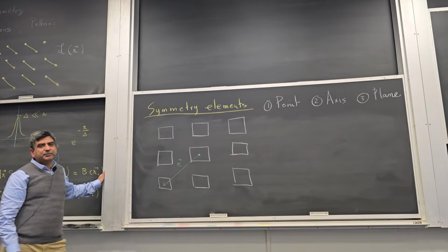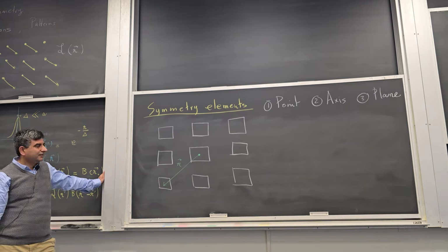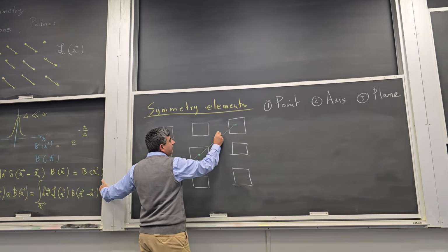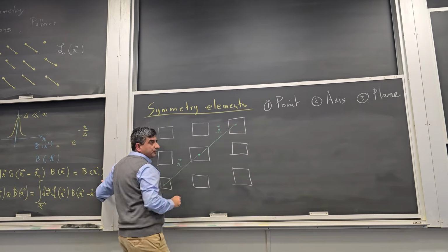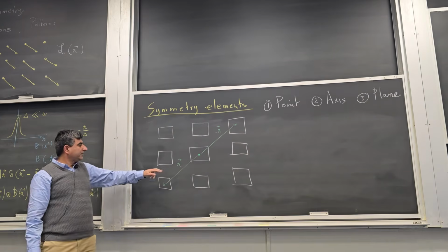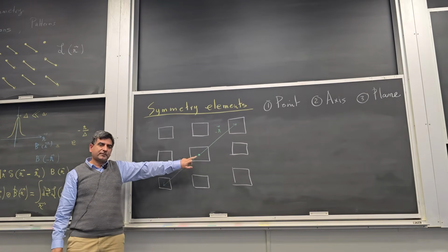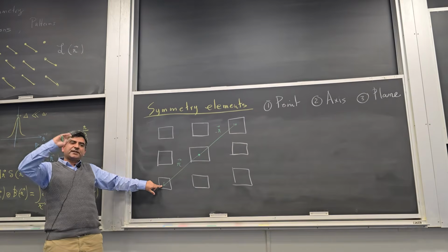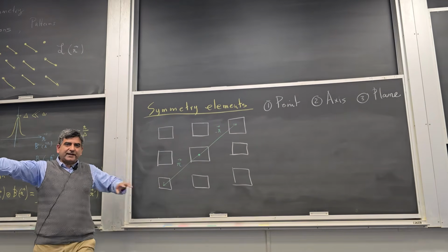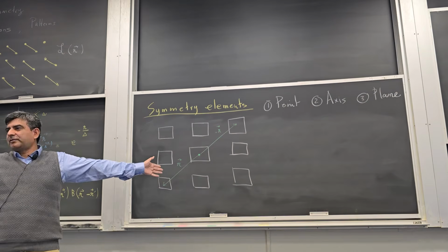And associated with this vector, I draw another vector which is at the exact opposite. So this is a point. It has a certain object at a certain vector away, and at the exact opposite, it has the same object.